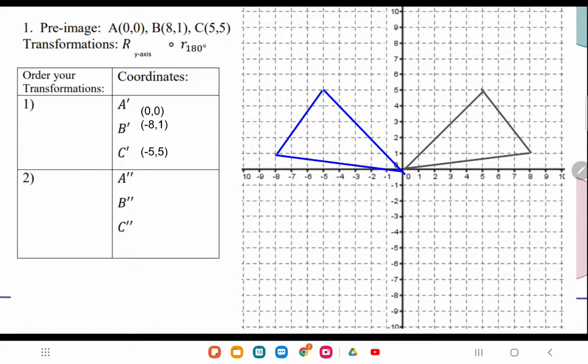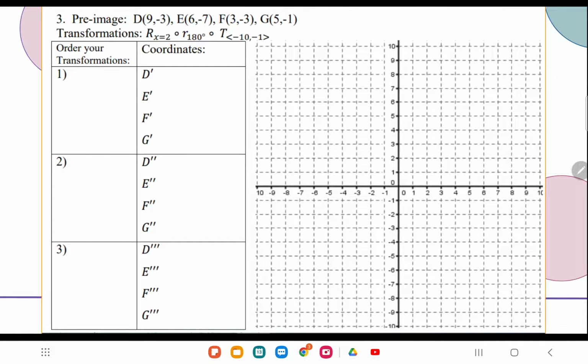Okay, after this, I'm going to rotate 180 degrees. There's my new coordinates, and you'll notice that I follow those rules for rotation about the origin. And my new triangle graphed here, A double prime, B double prime, C double prime, has coordinates at 0, 0, negative 8, negative 1, and negative 5, negative 5.